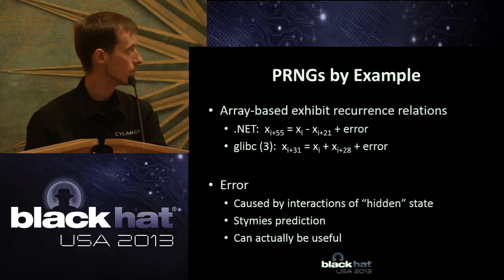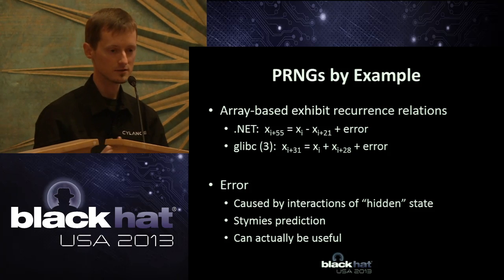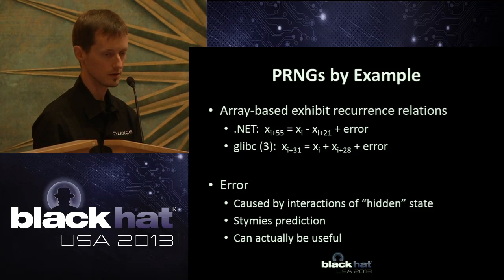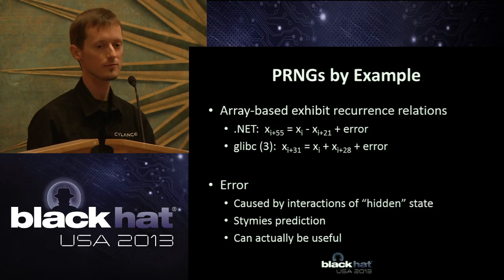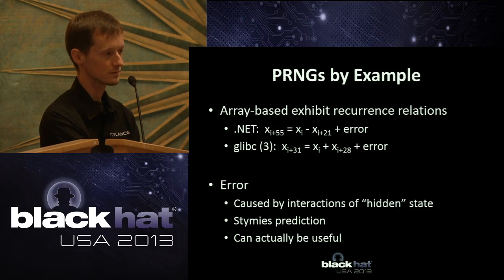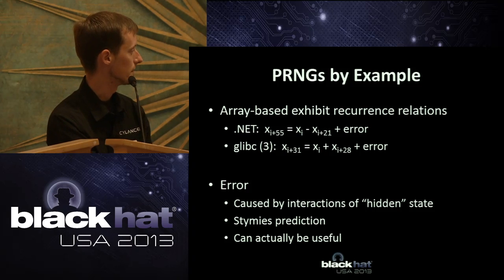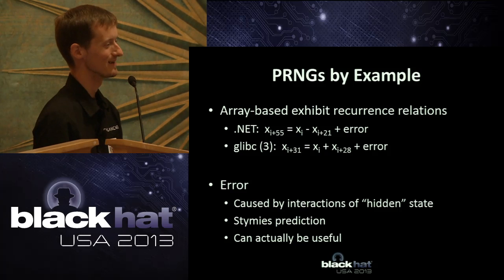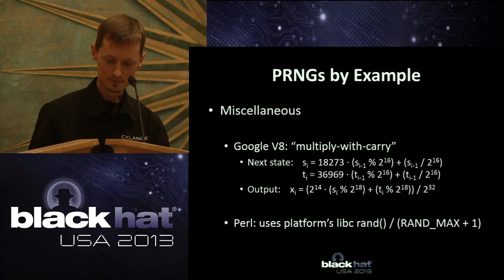And the constant that you see in that error can tell you about the size of the alphabet, the mode in which that PRNG is being used, the multiplicative or the modular, and the arrangement of the symbols in the alphabet. All extremely useful information for making your attack much more practical. These errors are caused by various elements of hidden state, another thing we talk about in the white paper, but it can actually have its uses.